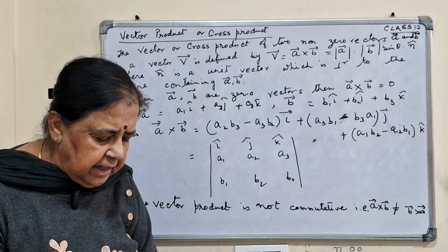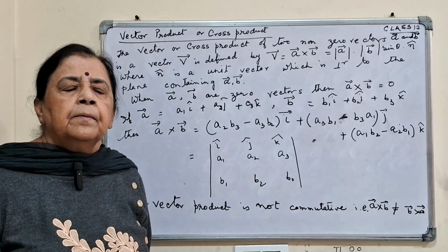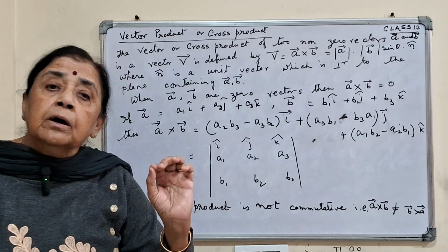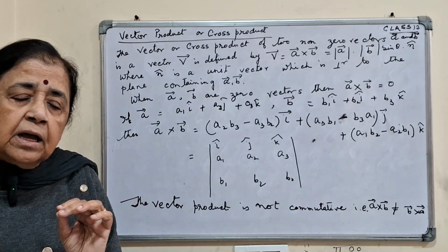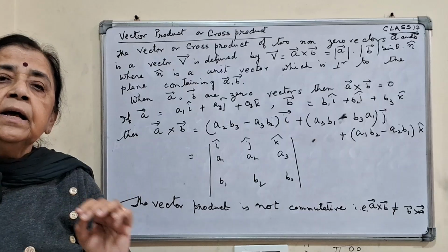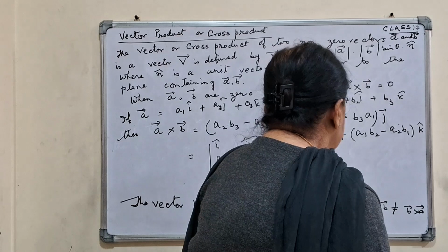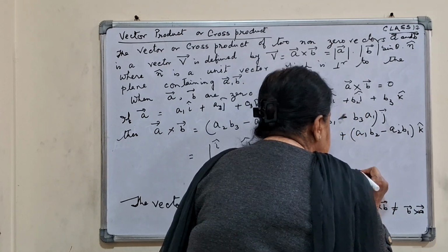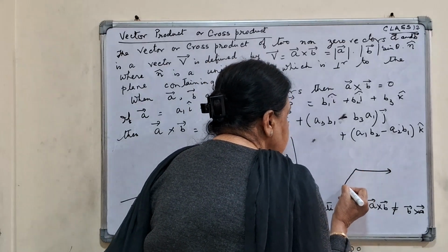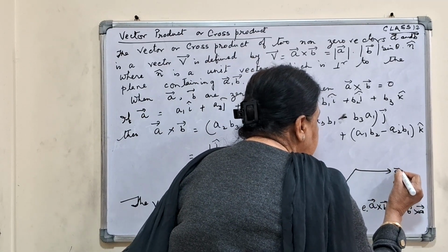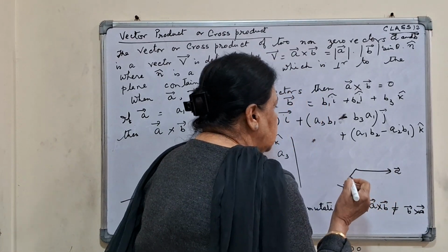These fingers and these two vectors, and another vector which is coming from here, is perpendicular to the plane containing vector A and vector B. If I want to give you the diagram, suppose this is vector A and vector B. They are on the same plane.